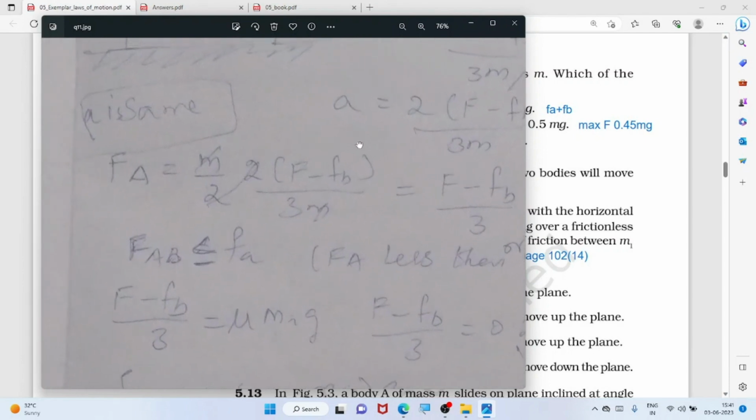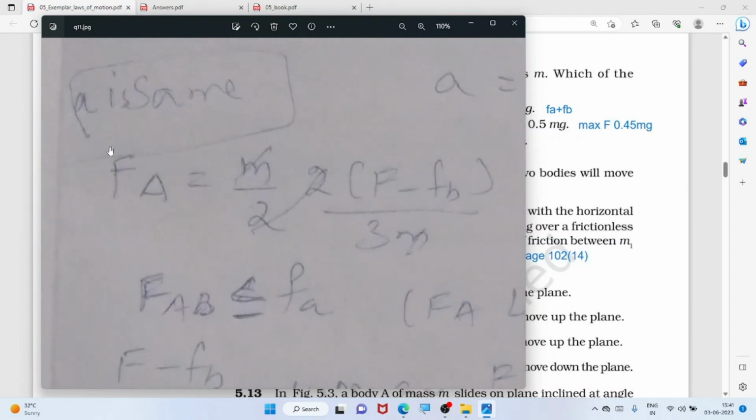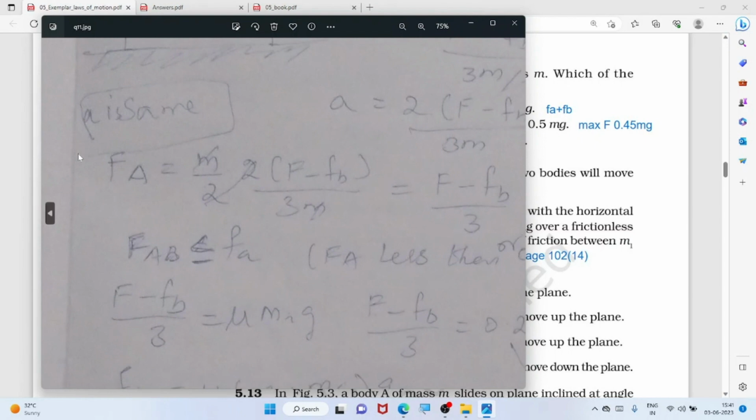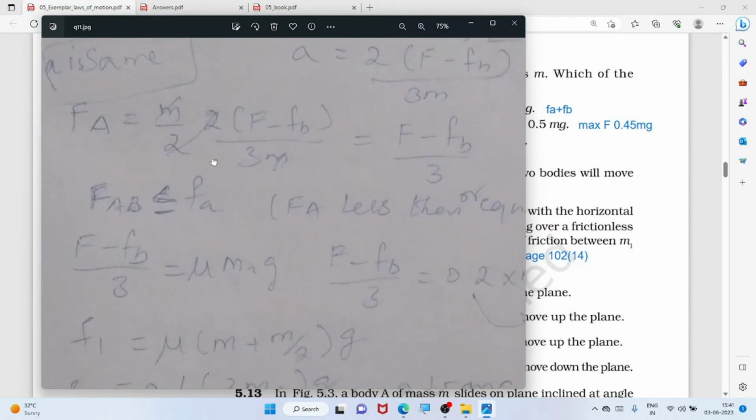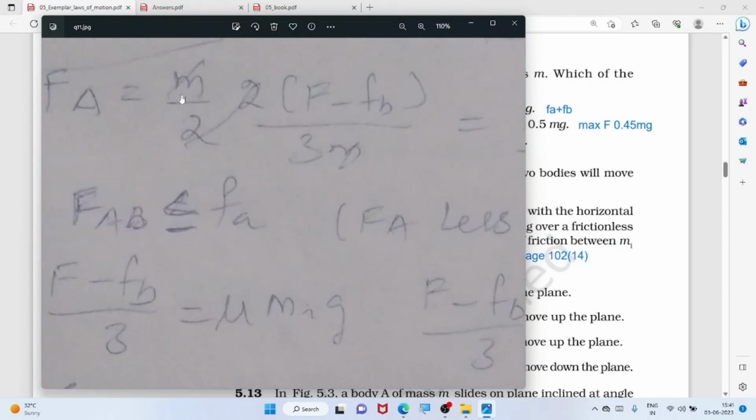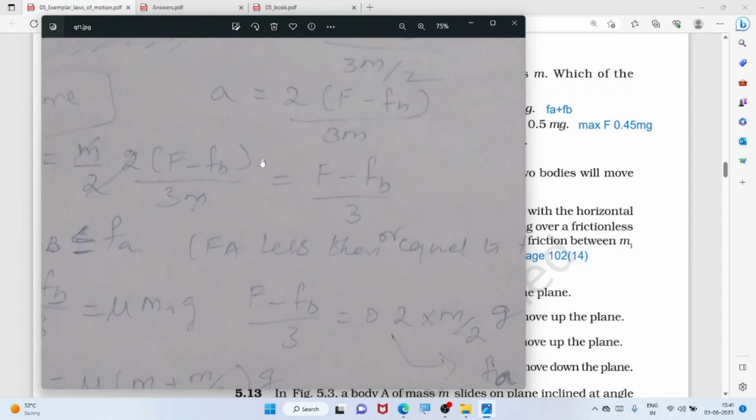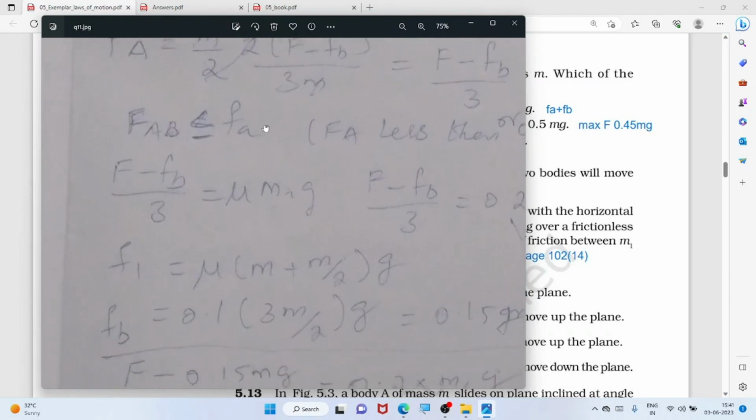The acceleration is the same. The force on A equals mass into acceleration. The mass of A is m by 2, and the acceleration is what we just found. So after simplification, this is the force on A.